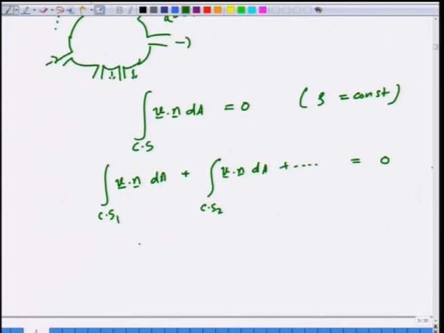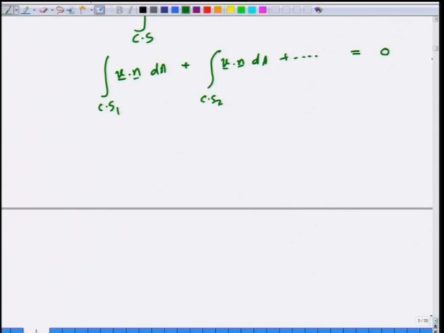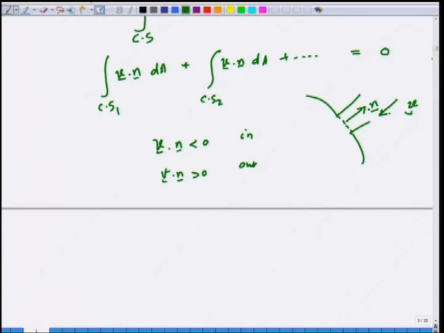Now you can also demarcate inlets and outlets. So for an inlet, V dot n is negative, and V dot n is greater than 0 for an outlet. Whenever you have a control surface, suppose you have a conduit, n is the unit outward normal. If V is opposite, then V is entering in, V dot n is negative. If V is leaving, fluid is leaving the control volume through the control surface, V dot n is positive.